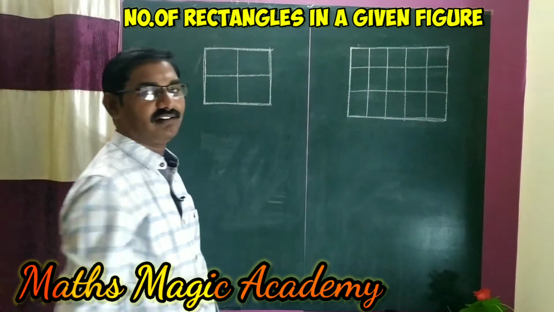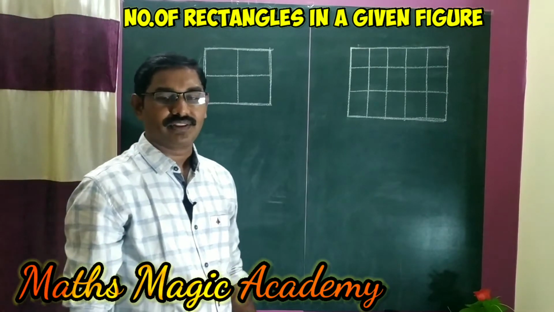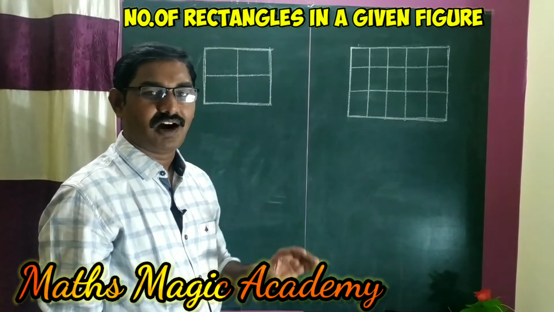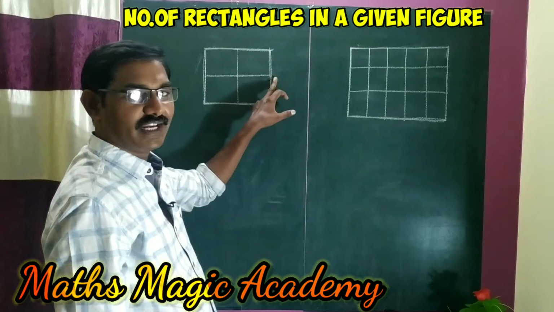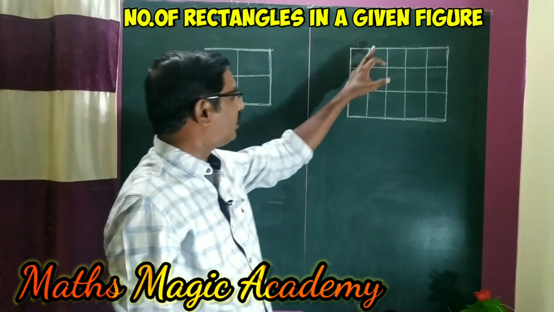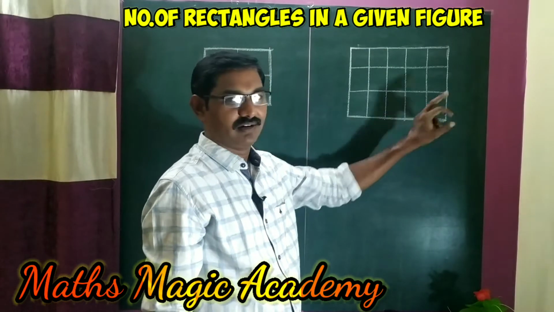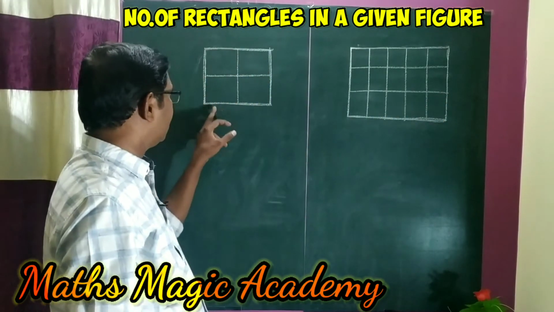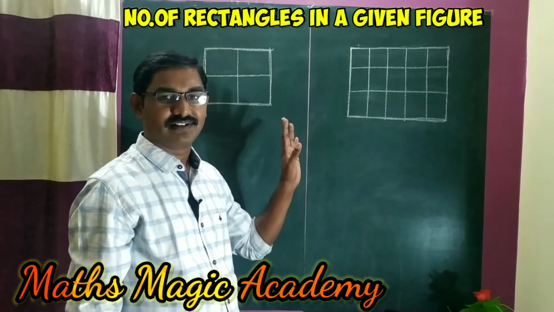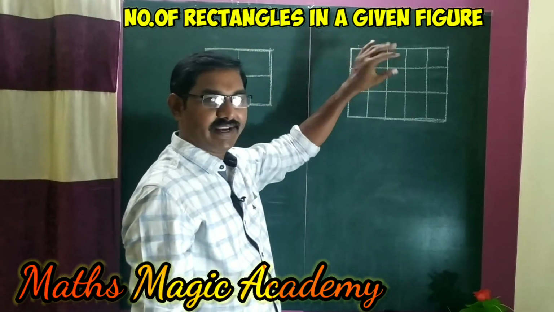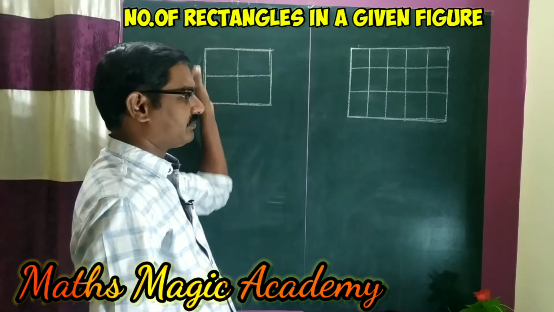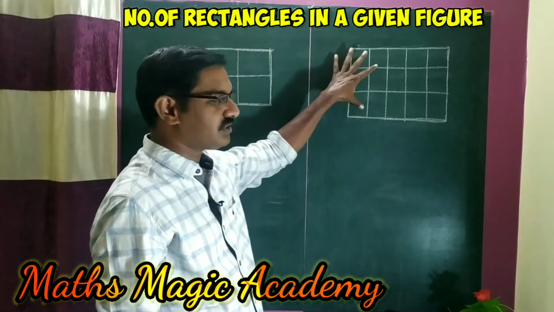Is it a rectangle or not? What do you think? Opposite sides are equal. Here opposite sides are equal or not? Equal. And here also opposite sides are equal, and one of the angles is 90 degrees. That means it is a rectangle. The whole figure, I am saying, it is a square, and it is also a rectangle.